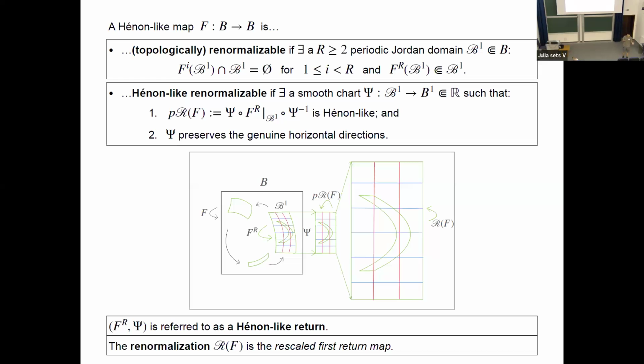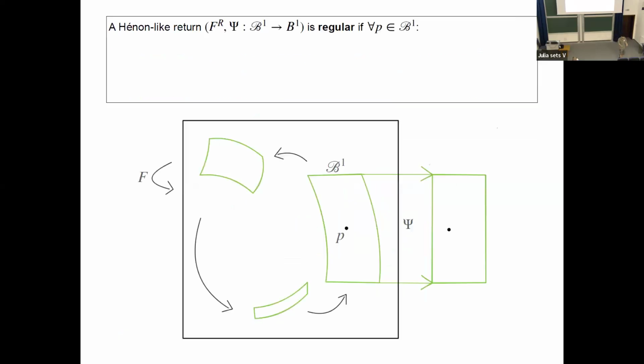But in order to try and locate where it is, in order to try and get a hands on how it influences the dynamics, we needed to incorporate some elements from smooth dynamics, right? In particular, Pesin theory, or at least our reformulation of Pesin theory. Okay? But in order to access these methods from smooth dynamics, we needed this one last final refinement of renormalizability, which we call regular renormalizability.